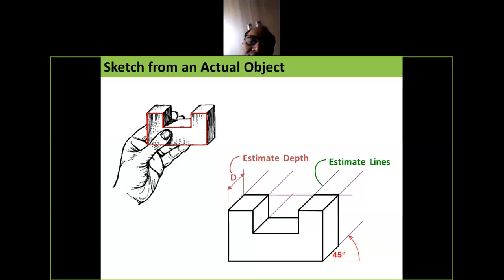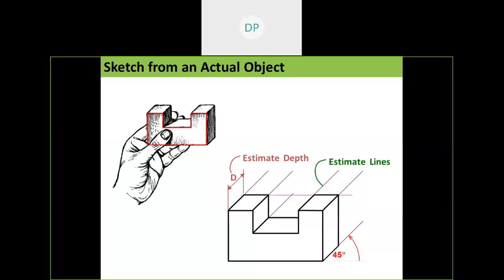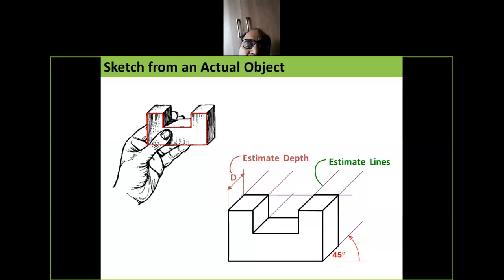Now, these are the oblique projections. The real object is in the hand of a person, and in oblique projection the frontal part is kept in front.